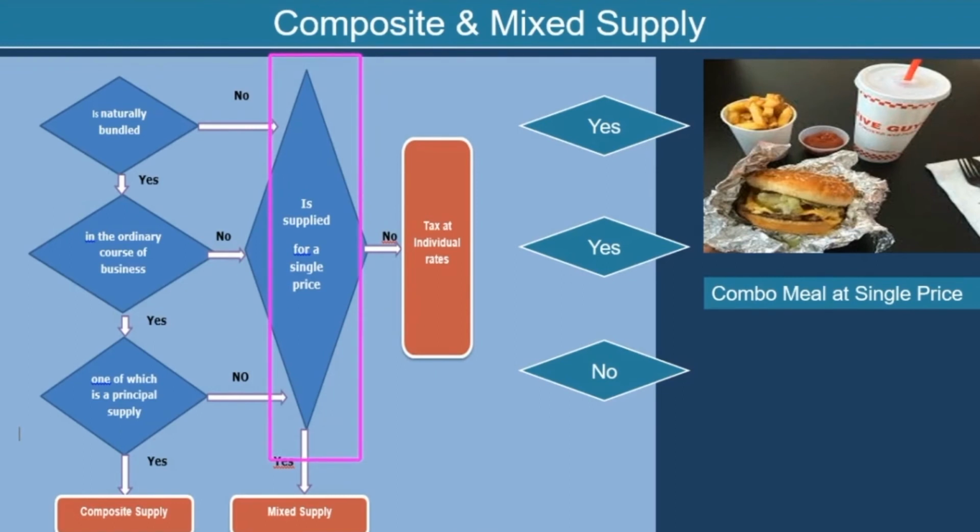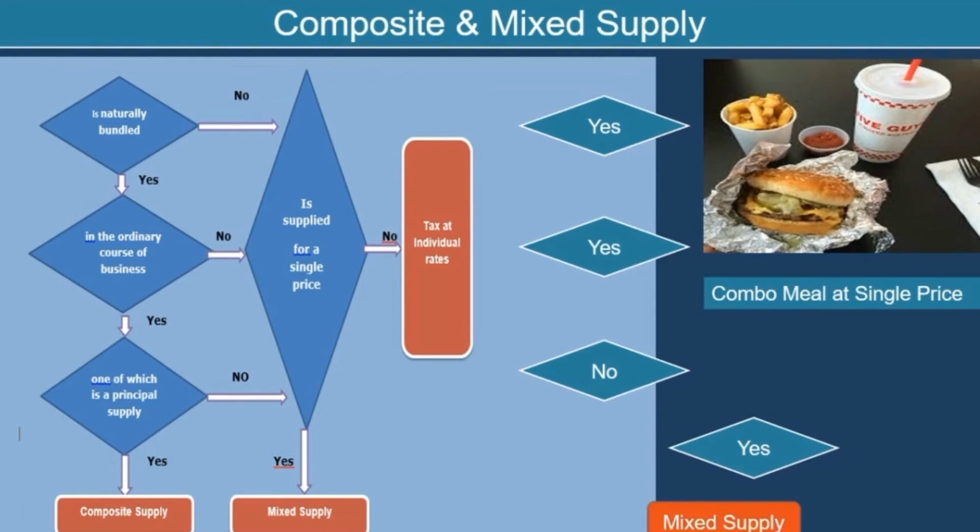Now we have to check whether it is supplied for a single price. Yes, this combo meal is provided for a single price, so the answer to this question is yes. If it is provided for a single price, that becomes a mixed supply. So this particular supply under GST will be treated as mixed supply.